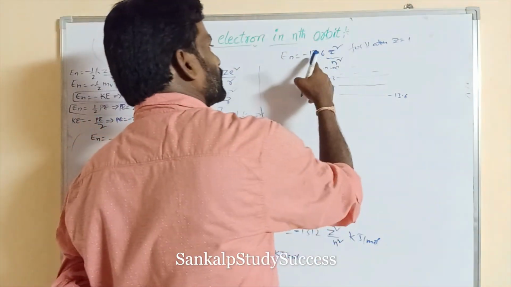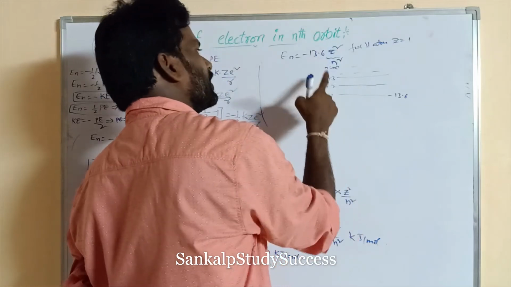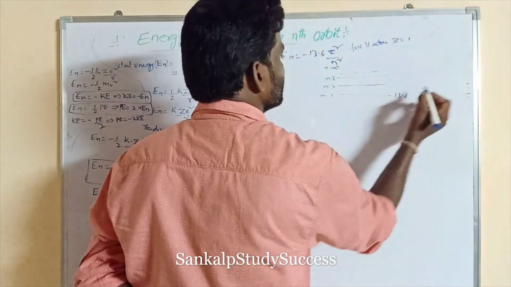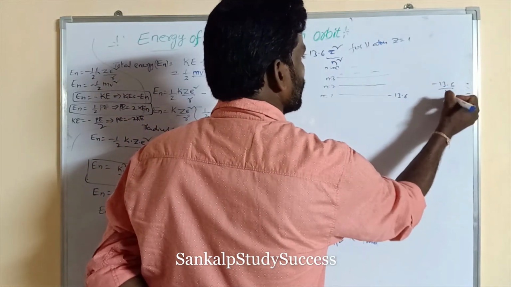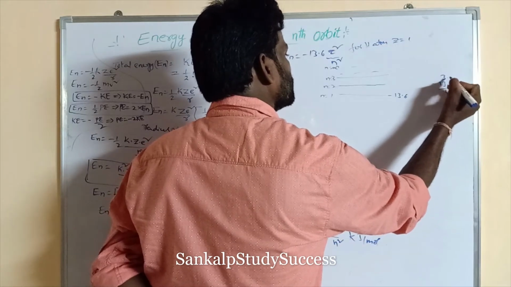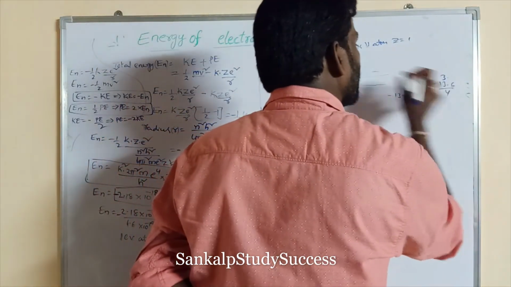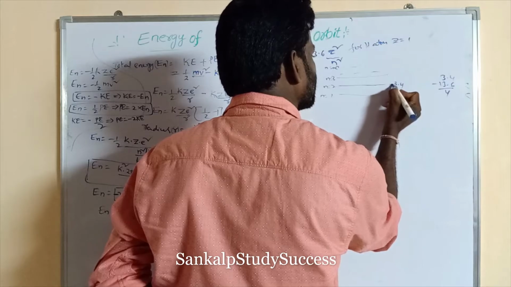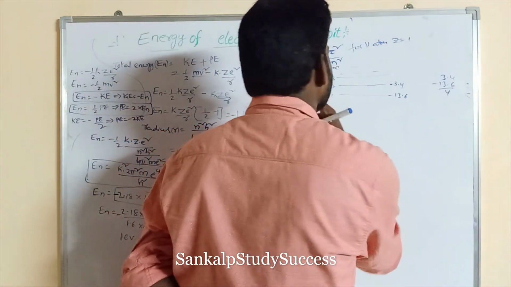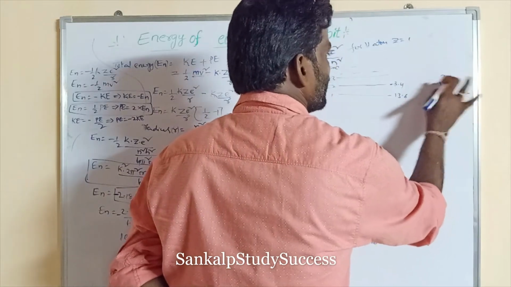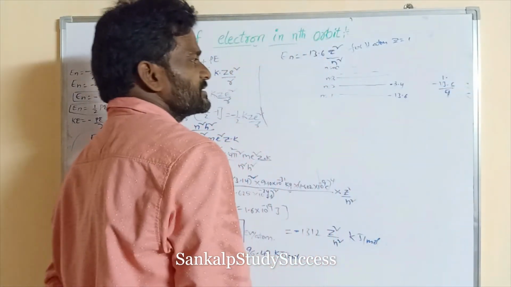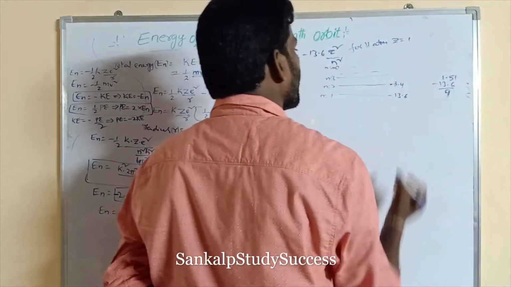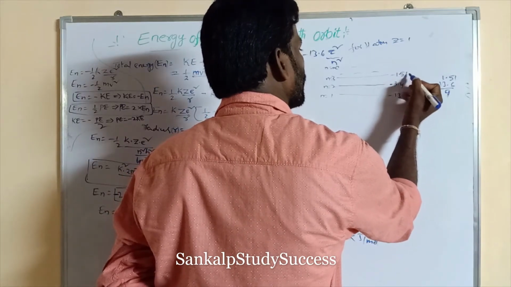Next, for n is equal to 2, n square is 4, so minus 13.6 by 4, which is minus 3.4. And if n is equal to 3, n square means 9, so minus 13.6 by 9 is minus 1.51 electron volt.